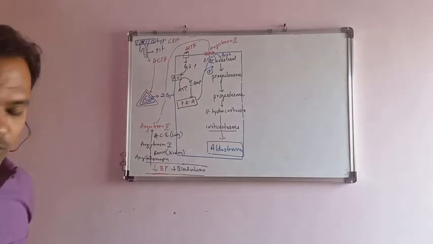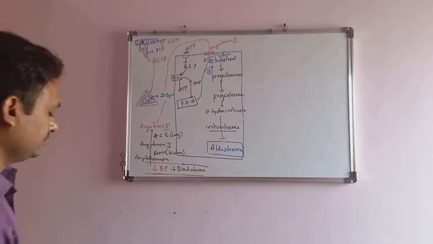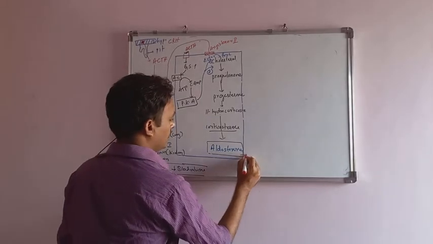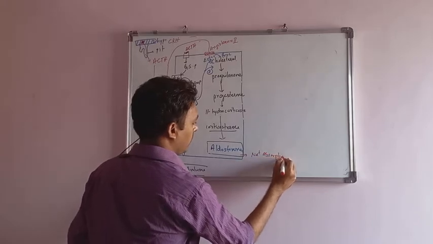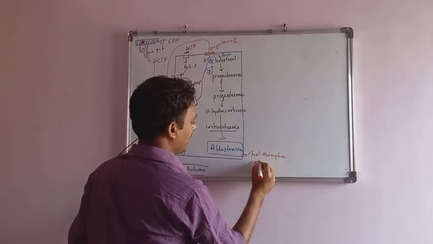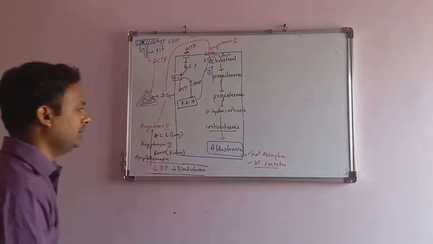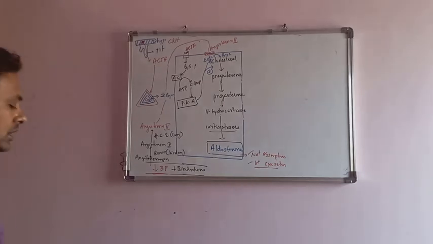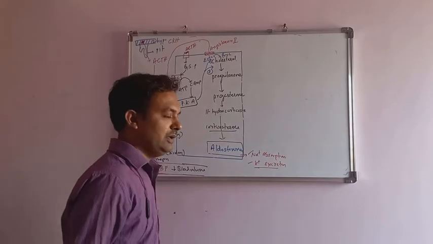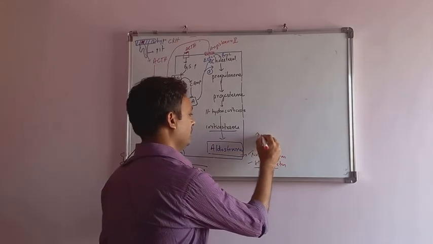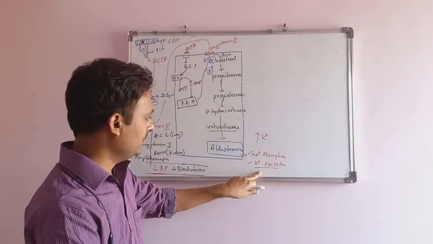Next, what is the function of aldosterone? I told you, the function of aldosterone is sodium absorption and potassium excretion. Whenever in the body the potassium level is more, potassium is excreted out from the kidney.